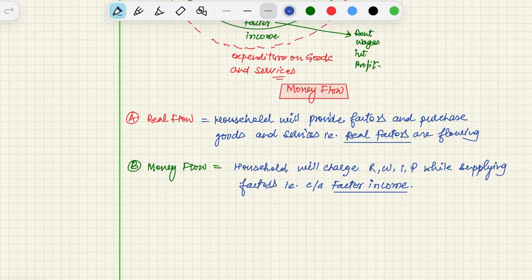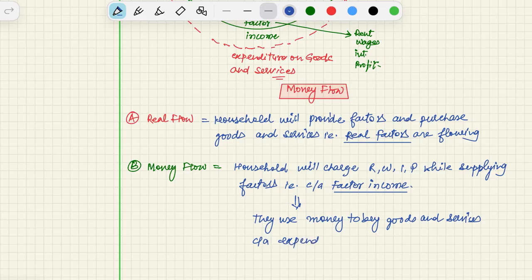Again, they use money to buy goods and services, called expenditure on goods and services.